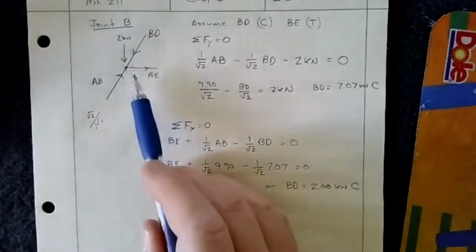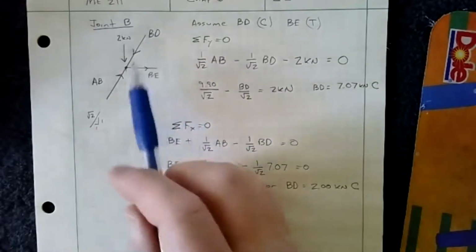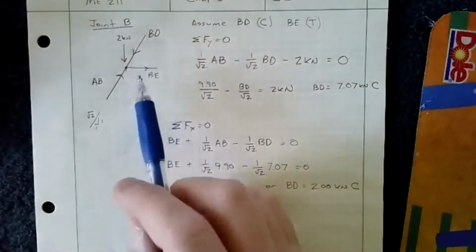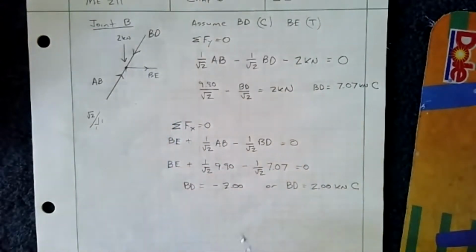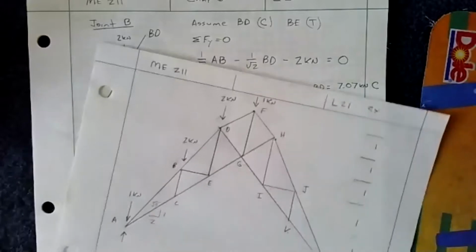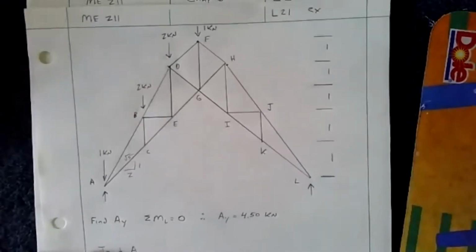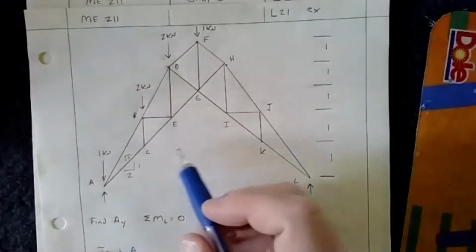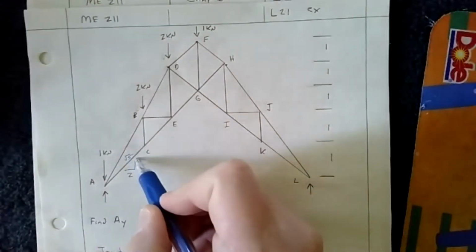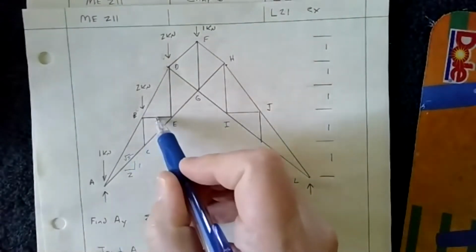So I was wrong. It goes the other way. So you don't have to change it in your work, but you just want to note that when you go on to the next joint so that you have the correct orientation.